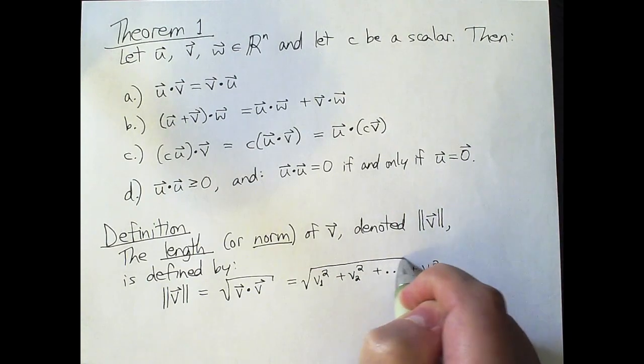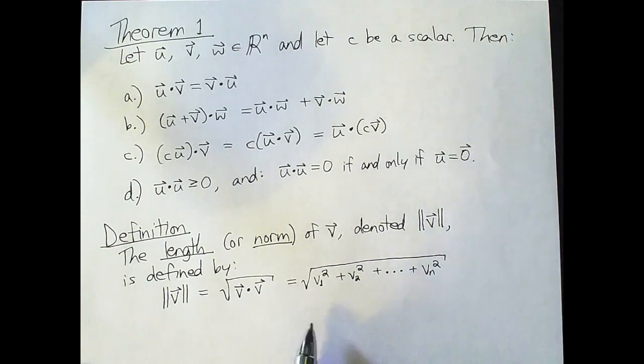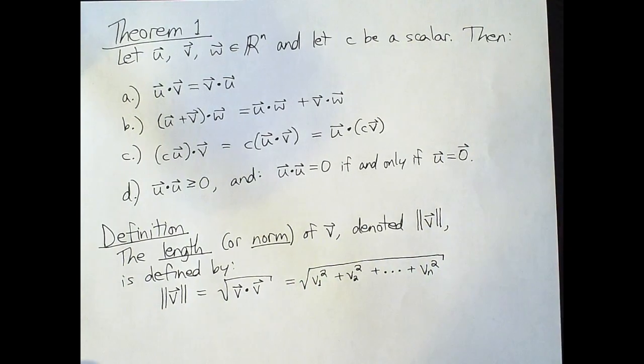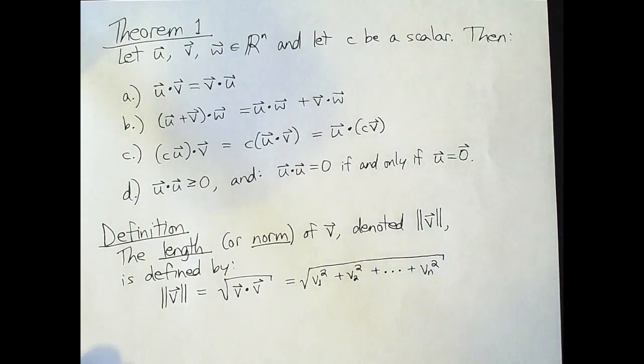And doesn't this kind of look like it's measuring the distance from the origin to the vector? Or instead of the word origin, you could say it's measuring the distance between the 0 vector and v.